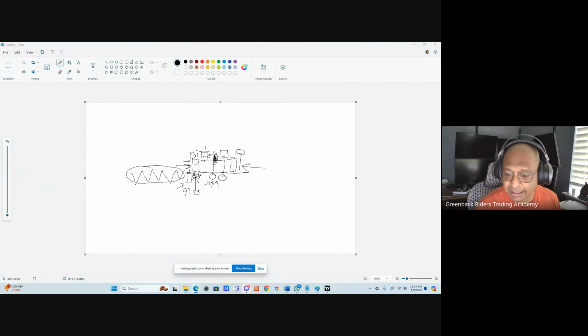So at this point of time, it may not be only buyers. The buyers may have participated in this candle, but the buyers may not have been there in this candle. Why am I saying that? This is a red candle. Because if the buyers were really active here at this point of time, they would have closed this candle green, but they could not close this candle. So at this point of time, you can take a trade here.